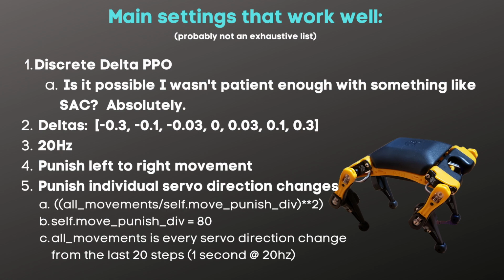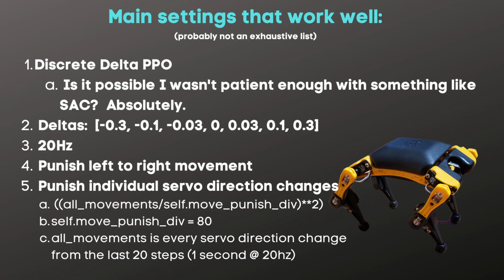And I did find that of all my crazy ideas, the best idea that performed the best was quite literally just a punishment every time the servo direction changed. So the calculation for that is just like 5A basically. It's every single movement that was made divided by the move punish div, and then I just square this.